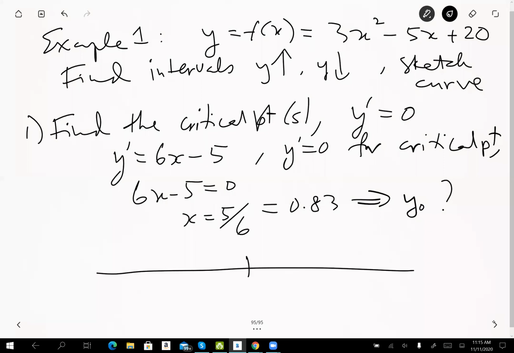So I have here 5.5 over 6, or 0.83, and that will determine your interval, one to the right, one to the left. Based on the critical point, I have two intervals.